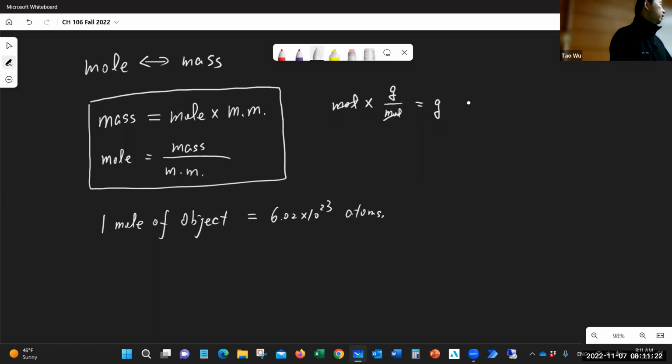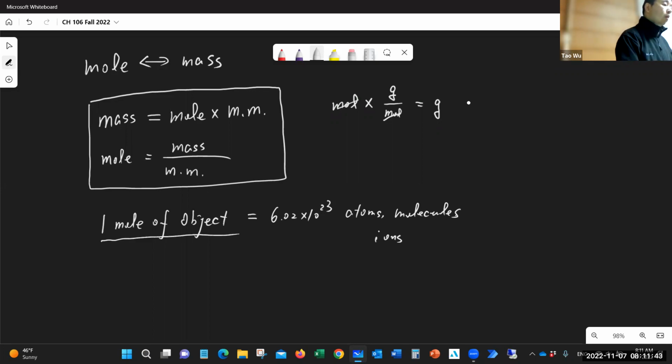If we talk about atoms, that's elements. If we talk about molecules, that's a compound. If we talk about ions, that could be ions. It doesn't matter if it's atom, molecule, or ions, they are all equal to 6.02 times 10 to the 23rd.